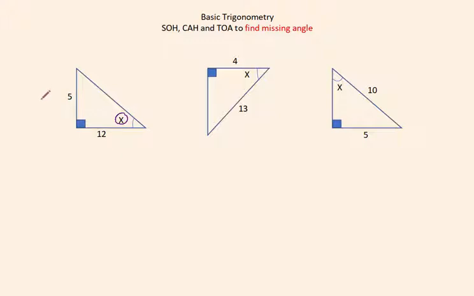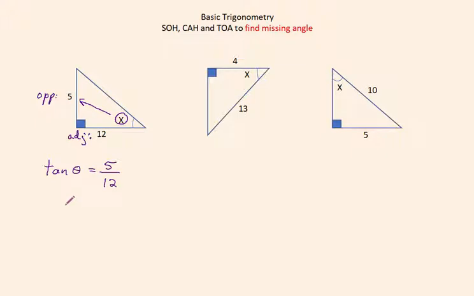I have the opposite side value here, with a length of 5, and I have the adjacent side here. So I'm still going to use TOA, which is the tan of my missing angle theta, and I'm going to divide the opposite side length, which is 5, by the value 12. But that's only going to give me a decimal or a fraction.